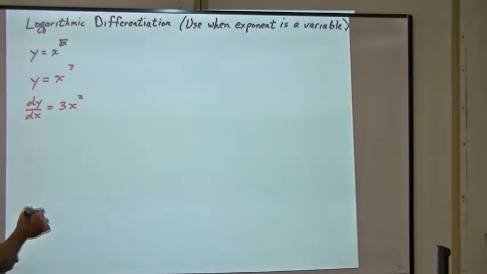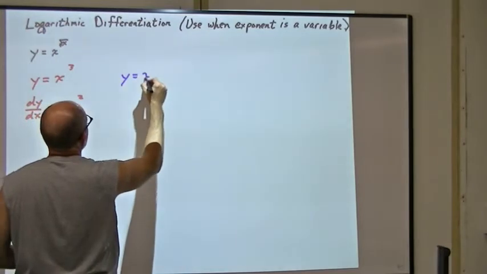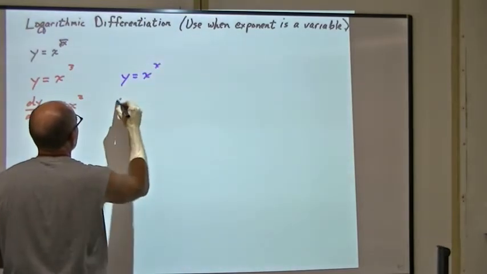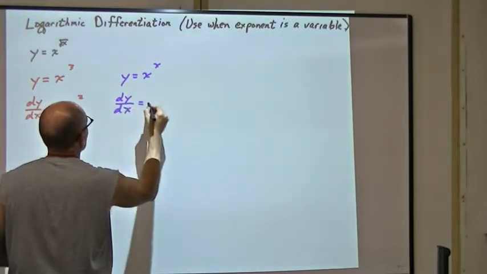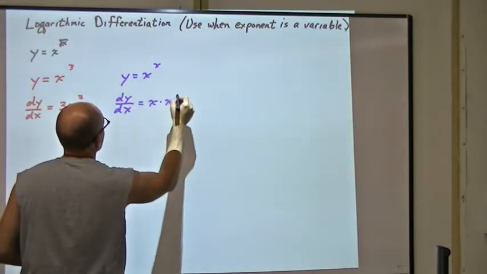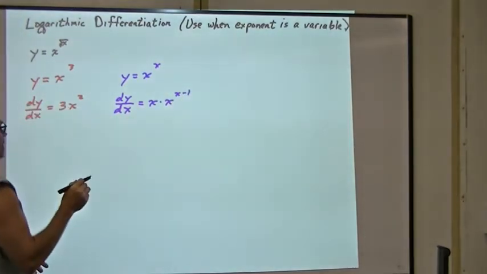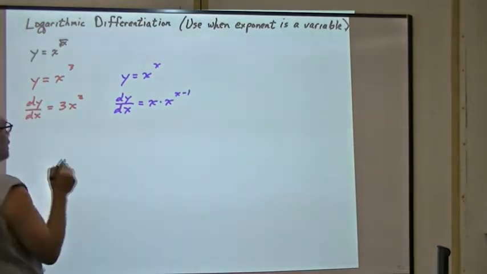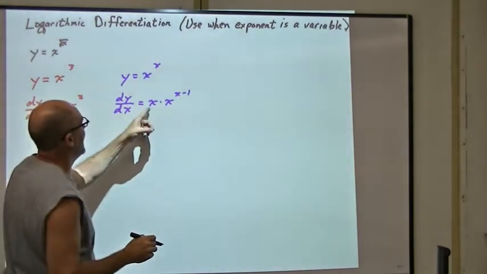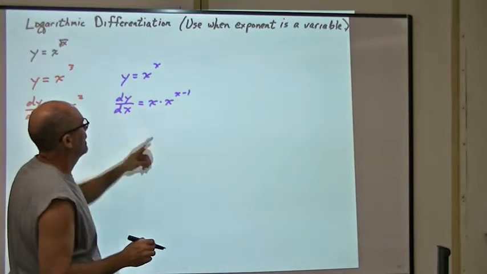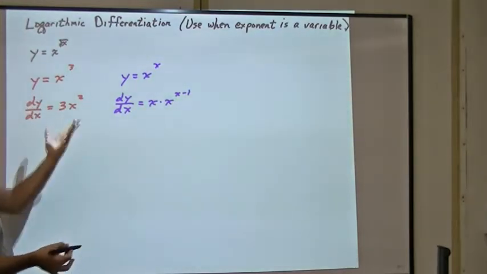If the exponent is a variable, like let's say I say y equals x to the x, then you go dy/dx equals x times x to the x minus 1. This is absolutely false because basically x times x to the x minus 1 would be x to the x again.